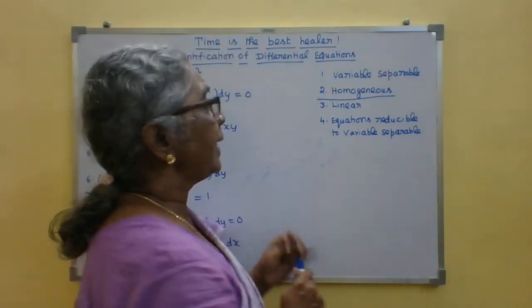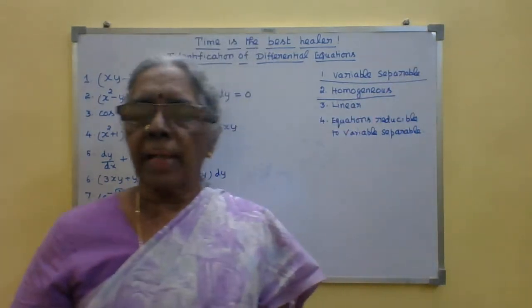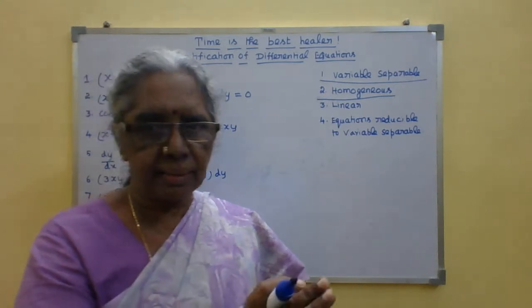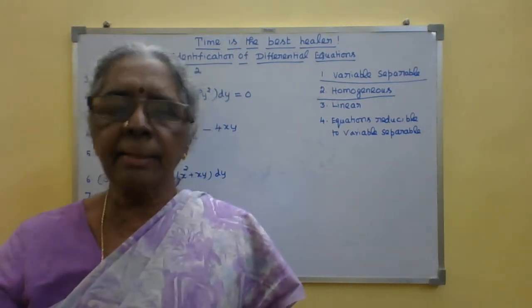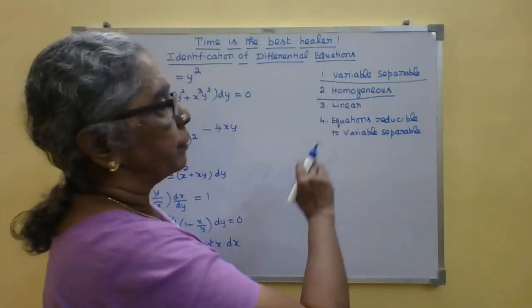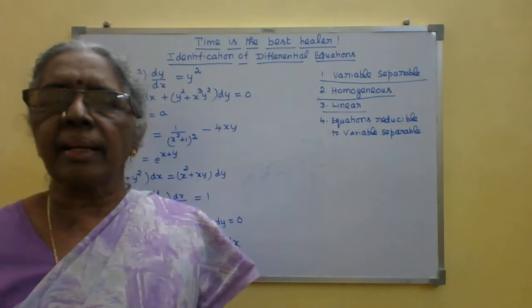Otherwise, the next thing you have to check is variable separable. That is, whether you are able to separate the x terms and dx on one side and the y related terms and dy on the other side. So you check that one. If it doesn't belong to these two, then come to whether it is linear.